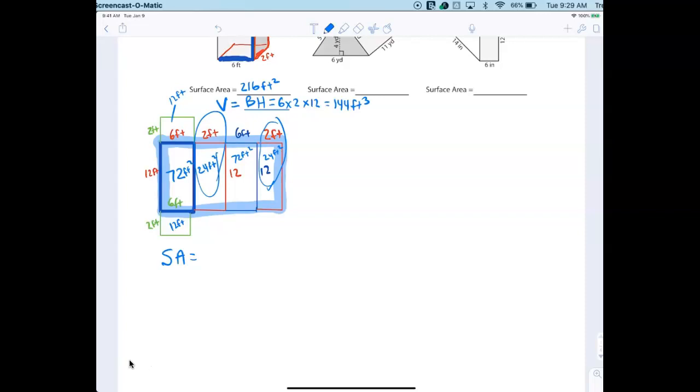And again, the rectangular prism is unique because the base could be the top and bottom, left and right, or front and back. So I'm going to look at it like it's on the top and bottom. How many bases are there again? 2. So the surface area, now this is where you have to listen. There is 2 times the area of the base.